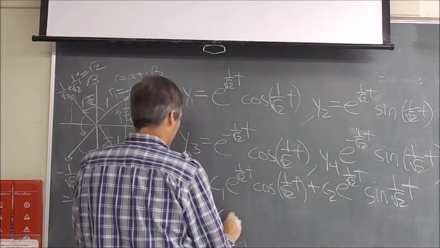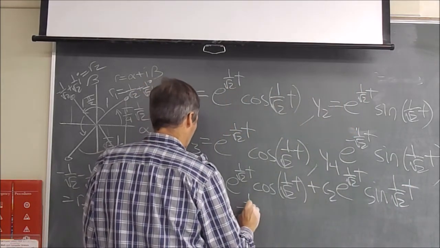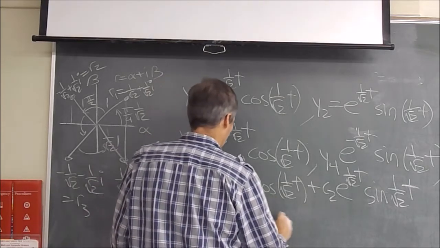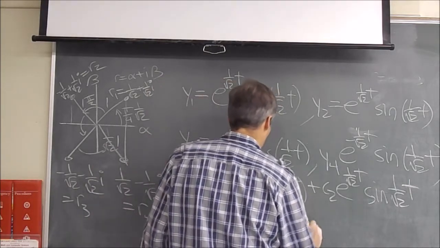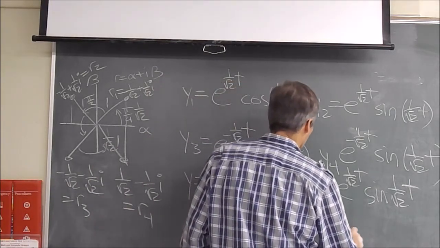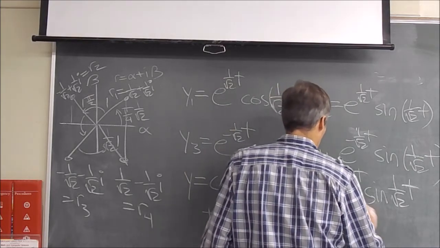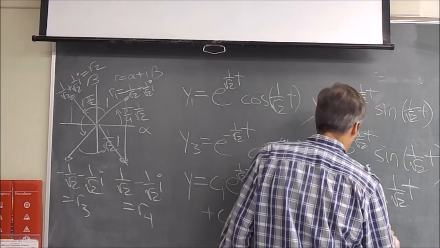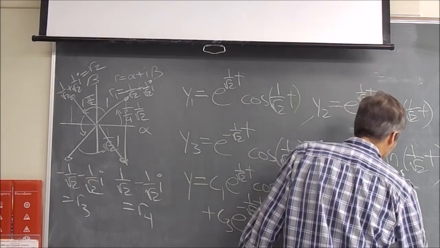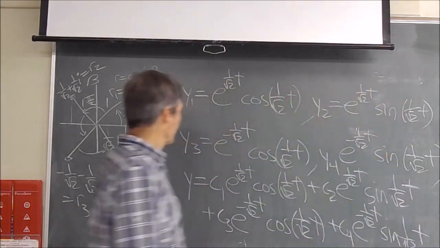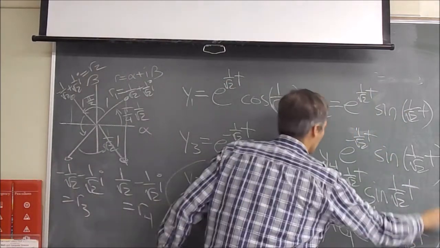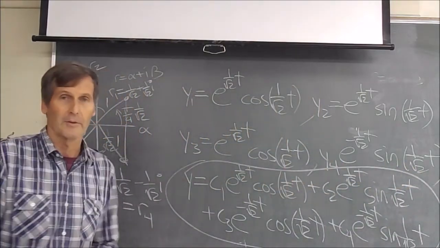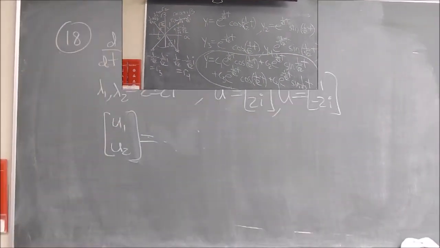Plus c3 times the third solution plus c4 times the fourth solution. There is the general solution of the fourth order equation.